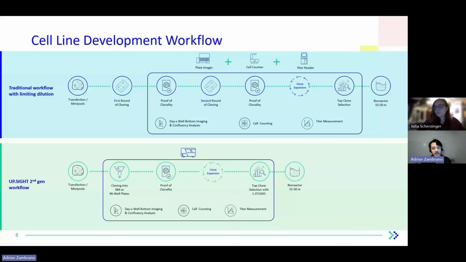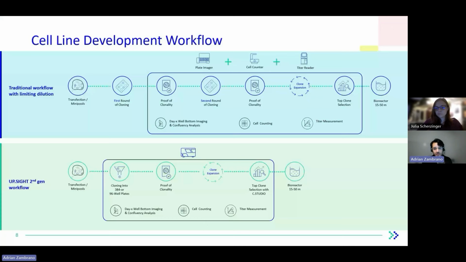Today we focus on an instrument called the Up.Sight second generation, which can help you shorten these timelines, and instead of using 3 instruments or more, you can carry out a lot of the steps in one device. We will not go into the specifications of the Up.Sight today, but we have already some content and webinars that you can look into for Cytena.